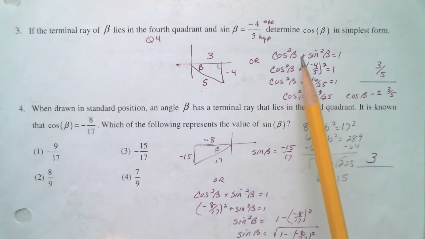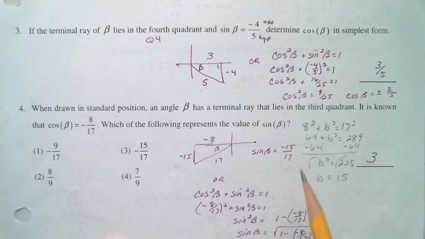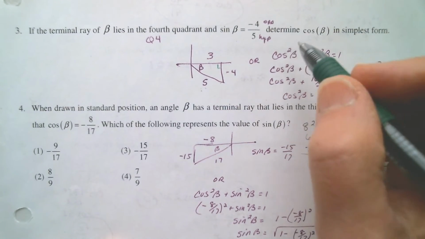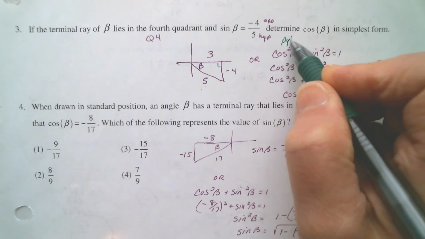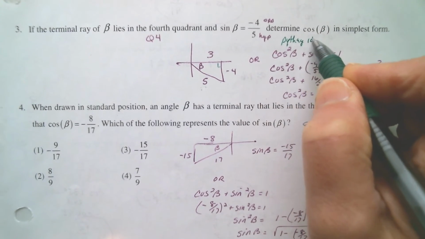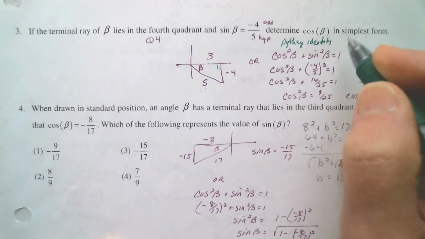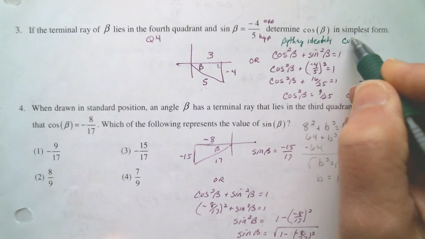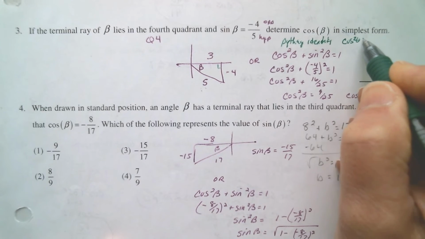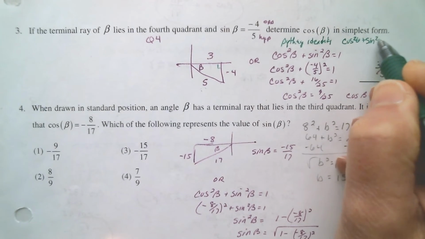Or we can use the Pythagorean identity, right? The Pythagorean identity is cosine squared theta plus sine squared theta equals 1.